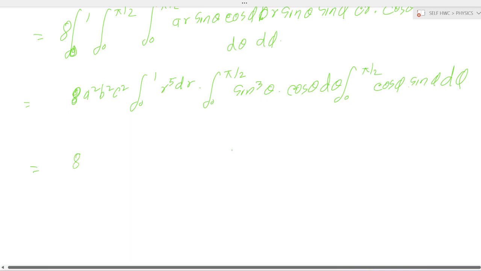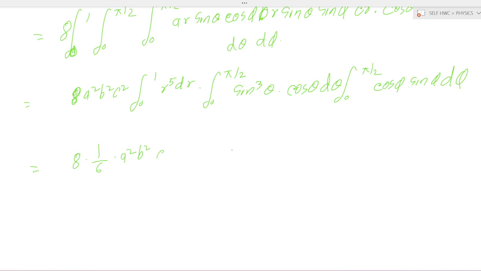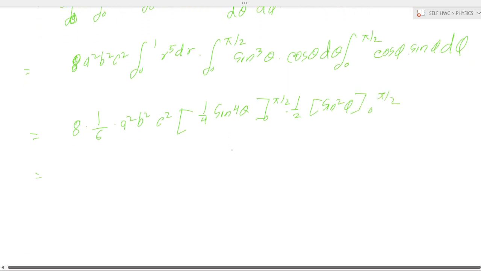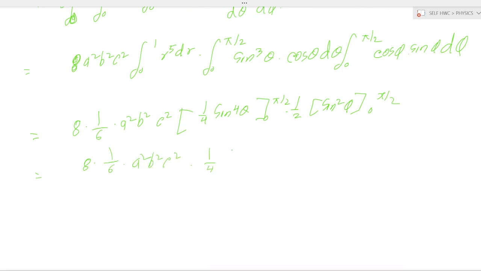Okay. And it is equal to 8 into 1 by 6 into a square b square c square into 1 by 4 into sine to the power 4 theta, 0 to pi by 2, into 1 by 2, into sine square phi, 0 to pi by 2, is equal to 8 into 1 by 6 into a square b square c square into 1 by 4 into 1 by 2.